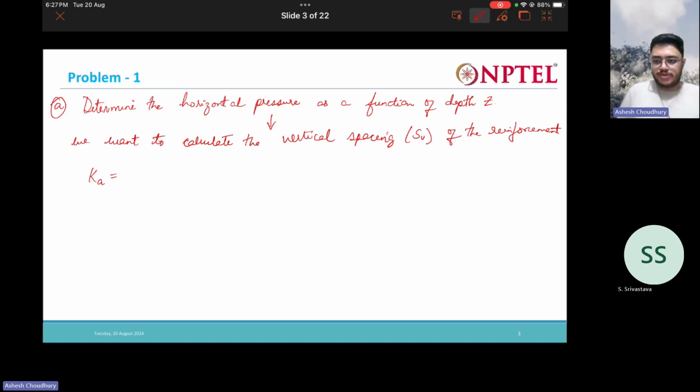The active earth pressure coefficient. So calculate this, how much it comes.